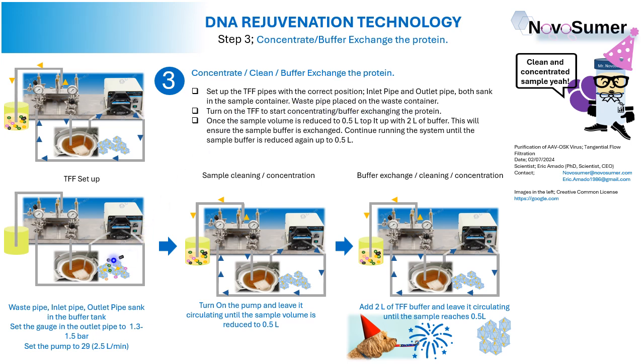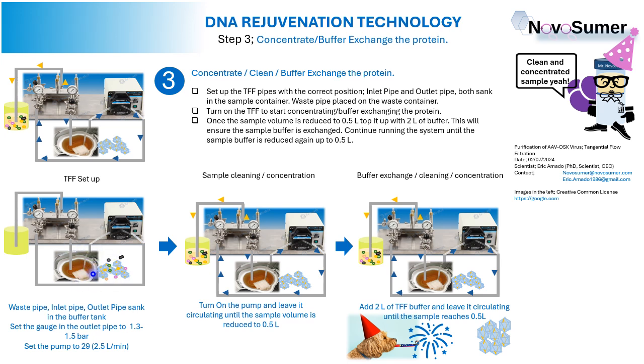Let's see it, okay? In this occasion, we will have the sample here. You see here at the beginning, the sample is dirty. You see here the EVs are dirty with contaminants, with some remaining contaminants. Okay, so it's here.